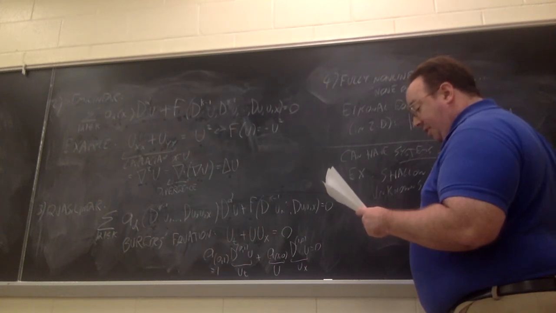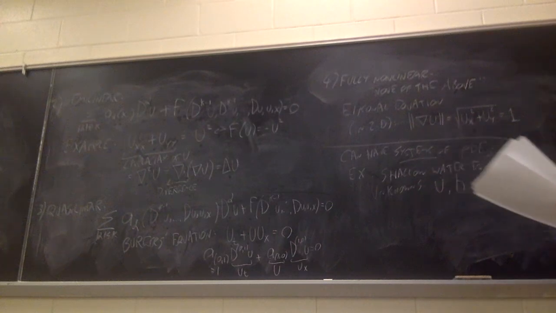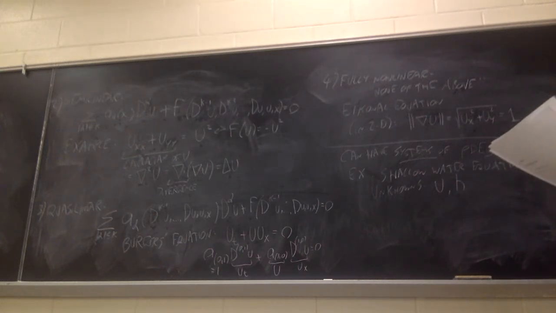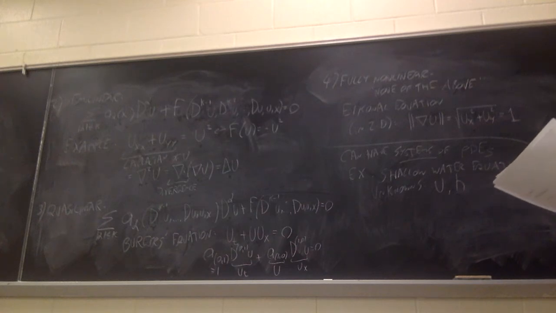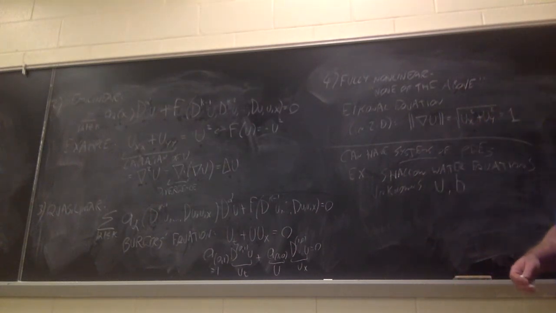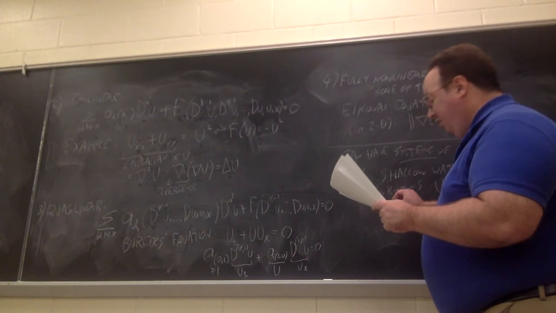U is one unknown, and H is the other unknown. H refers to height or depth, for modeling fluid flow in shallow water. With ocean modeling, you have to take all three dimensions into account, but shallow water basically allows you to take one dimension out of the problem. So we have two equations and two unknowns.